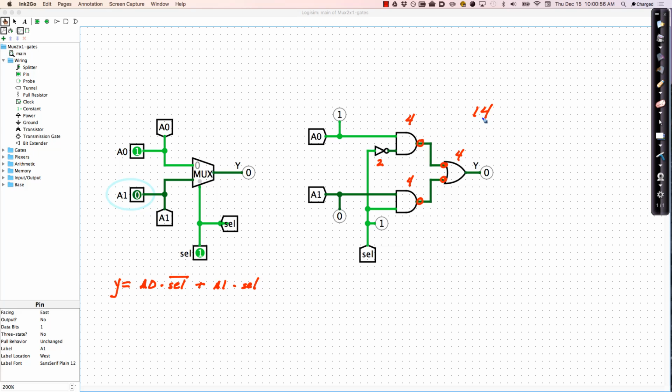When you consider the propagation delay, when you change the input, you have to propagate through 2 gates to get to the output. So there are 2 layers of logic and 2 gate delays from a data input to the output.